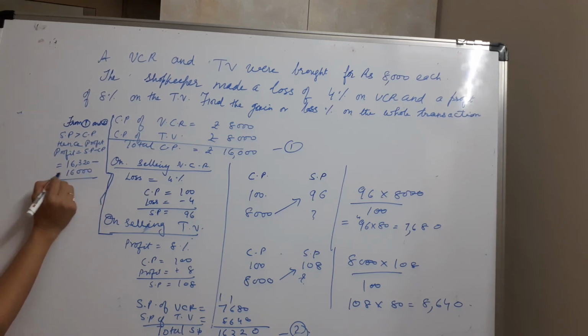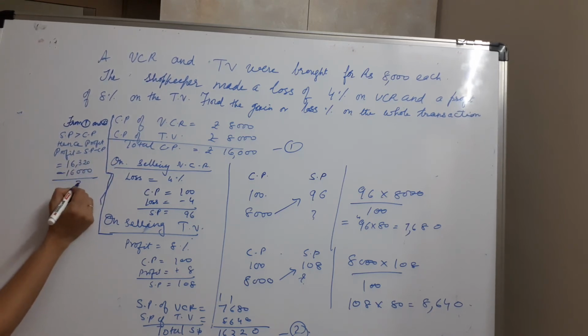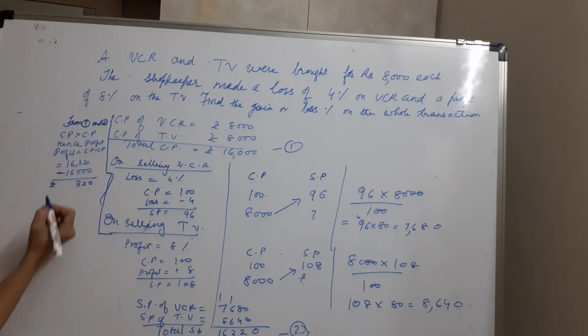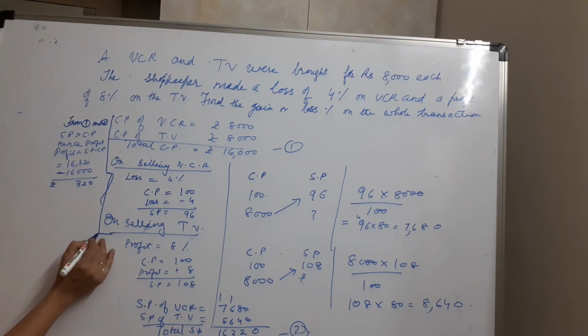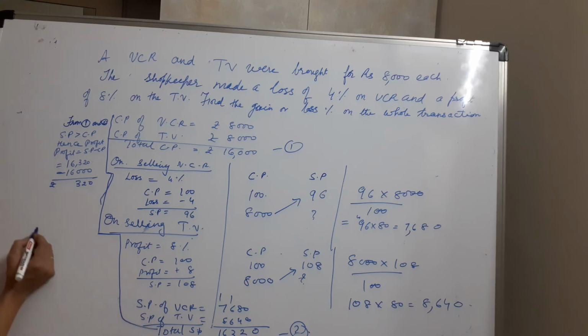Subtract this, you get 320. This many rupees is the profit. Now we will find the profit percentage. What is profit percentage? You can do it by the formula.